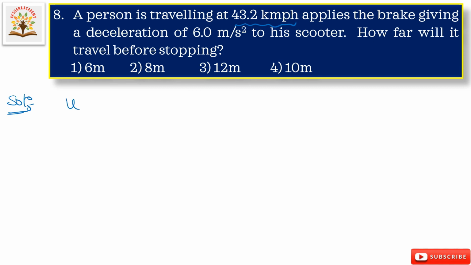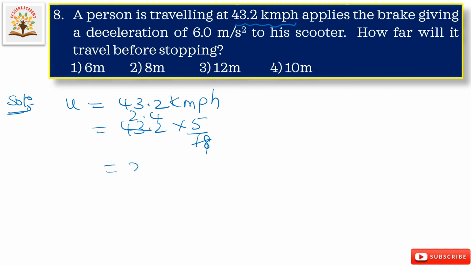Given u is equal to 43.2 kilometer per hour, converting into meters per second by multiplying with 5 by 18. So 18 ones 18, 2.4 into 5, that is equal to 12.0. So u we are getting 12 meters per second.